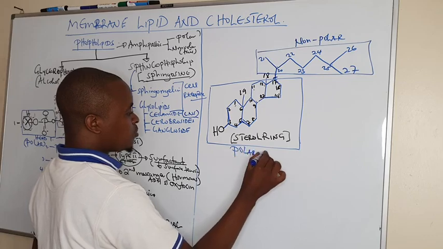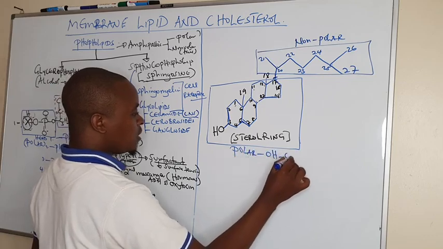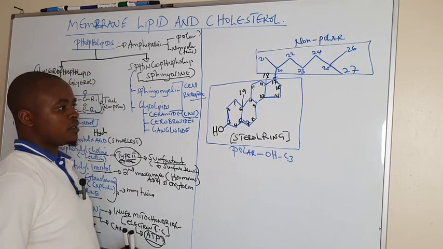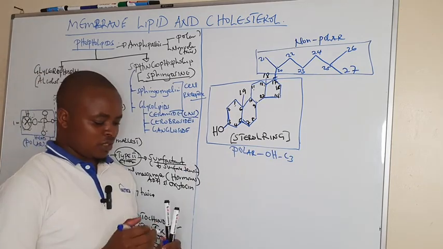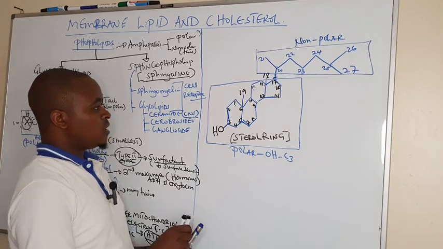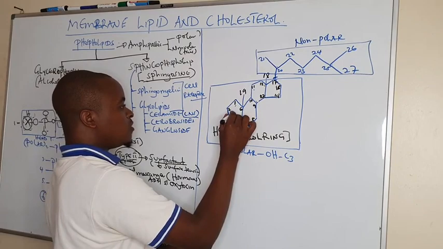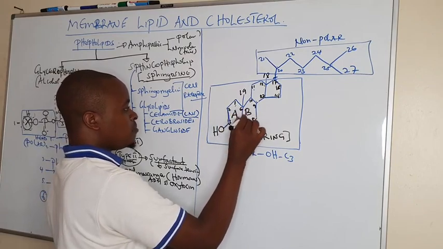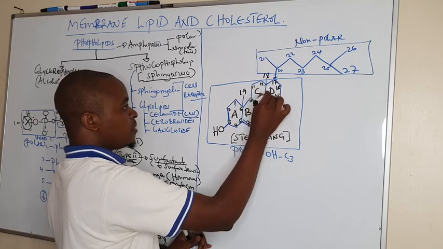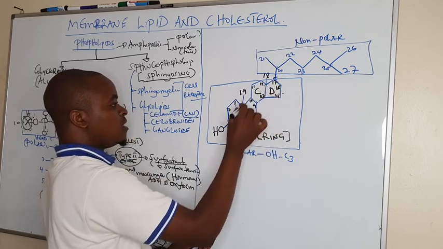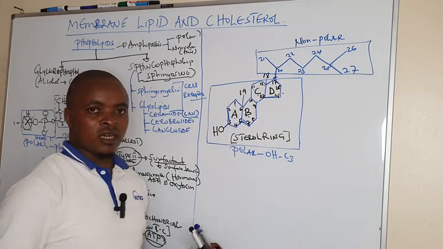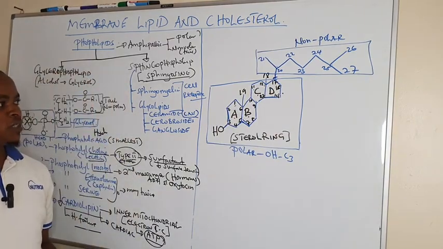It is polar due to the presence of the hydroxyl group at carbon number 3. And this sterol ring we are seeing of cholesterol is made up of 3 hexagonal polygons, that is A, B, C. Then D is a pentagon.